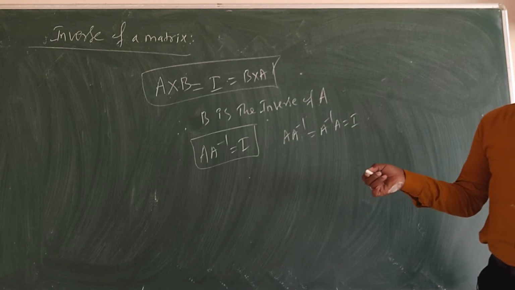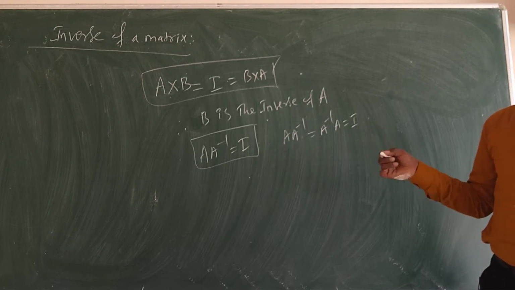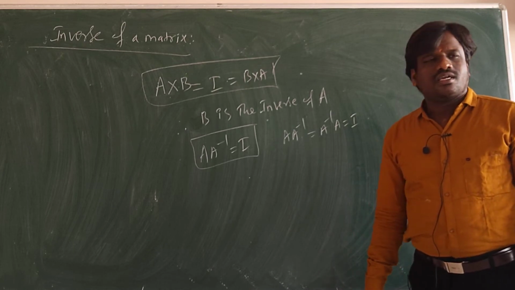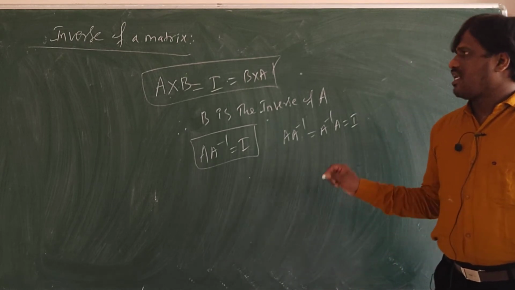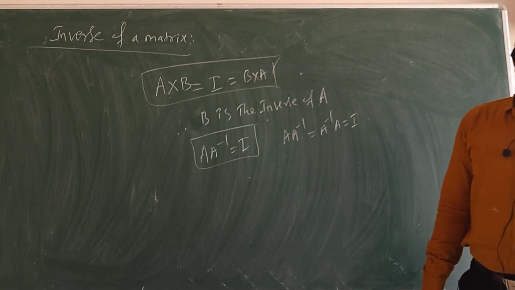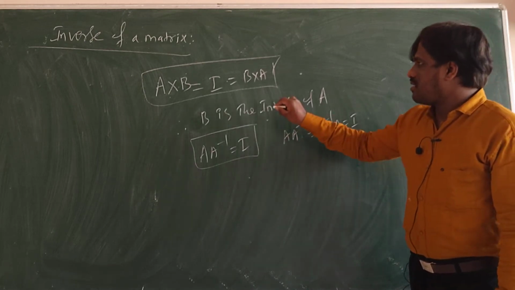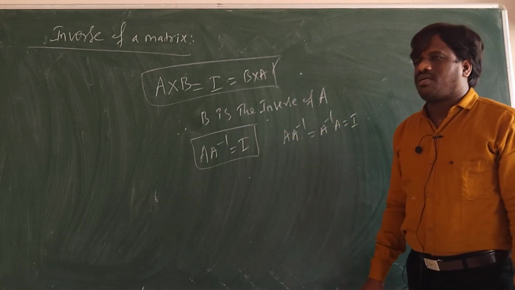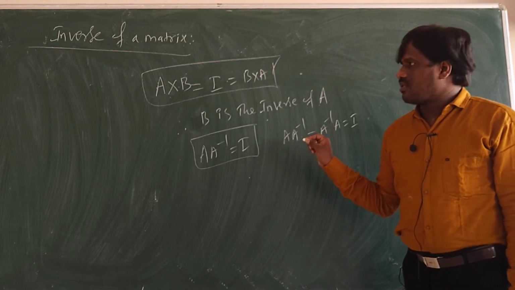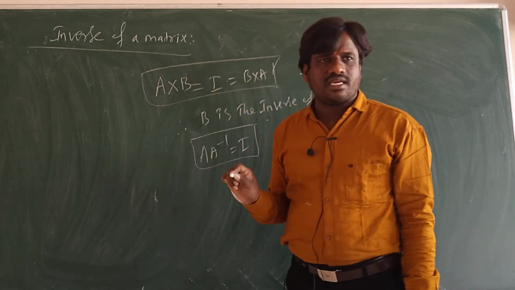Except some more matrices, only those matrices if you multiply you get identity, otherwise you will not. 90% of the time, A cross B will not equal B cross A. Only some exception cases will be there. However, A into A inverse is equal to I. A inverse into A equal to I. So this B is called the inverse of A. Is it clear, this one?